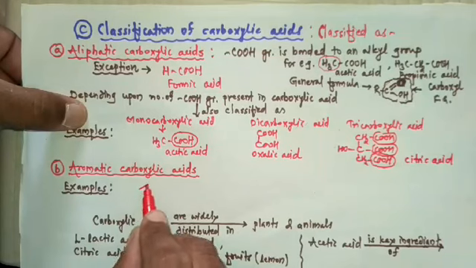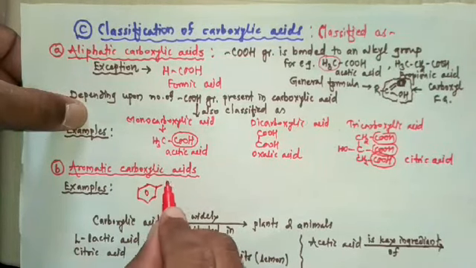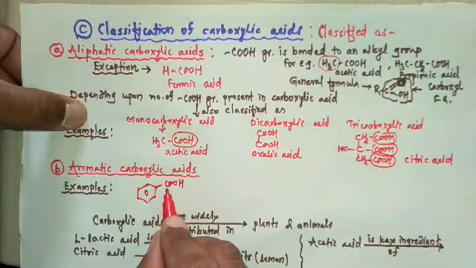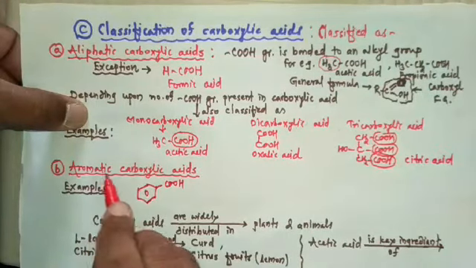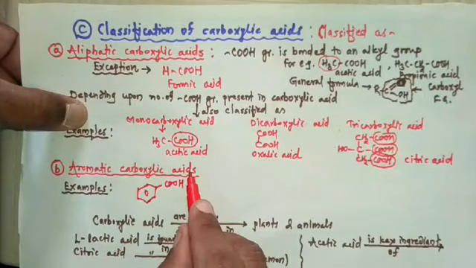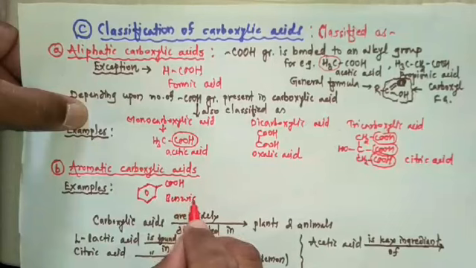For example, here benzene ring, here COOH group. So here COOH group is attached to the benzene ring. That's why it is the example of aromatic carboxylic acid. The name of this compound is benzoic acid.